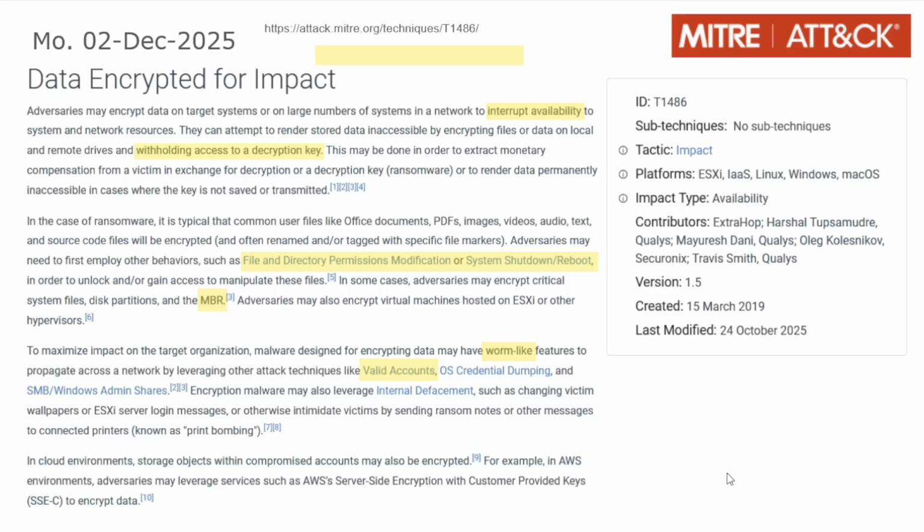Later I found out that this was, out of the mix of possible use cases to implement, one of the most complicated, with a lot of sub-techniques. So I remember valid accounts very well because this was my first exposure to Mitre ATT&CK, and I started with this one.